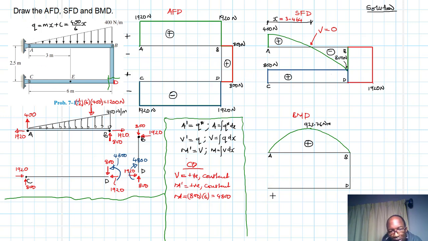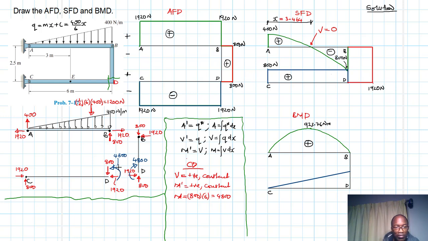So let's write down C somewhere there. It's constant and positive. So 4,800, let's say it goes up to there like that. Then when we reach D, we are using another color here. When we reach that point at D, we do have a moment which is counterclockwise, and if we are to take a section, we have a clockwise, so we use the opposite sign of what we have at our section.